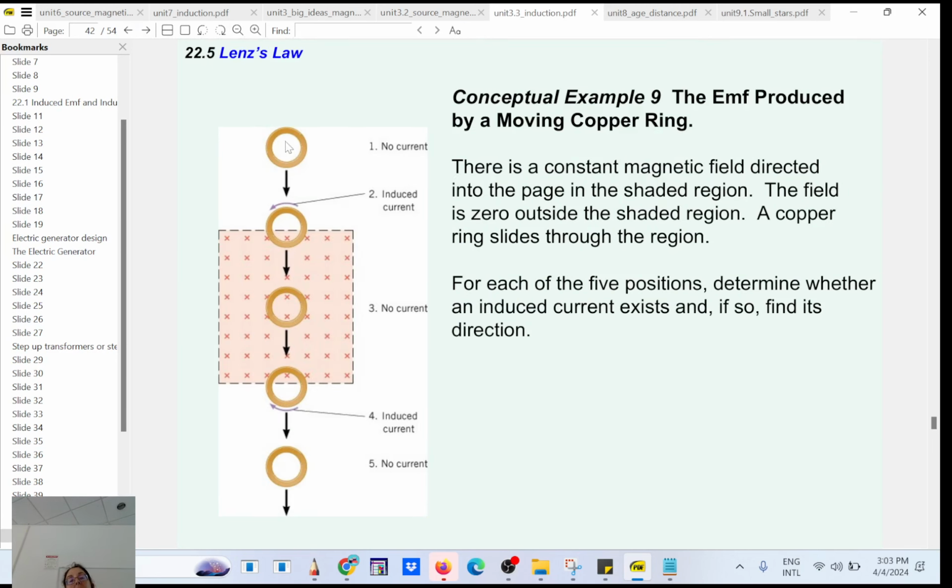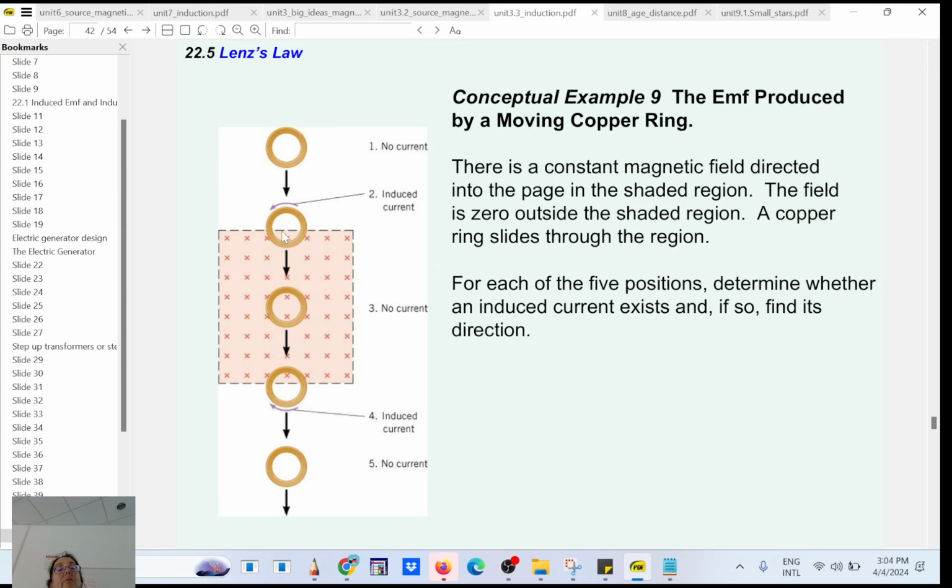Okay, here is a typical example as well. You have a coil or a conductor, like a ring, and it's going to fall and enter a magnetic field region. The magnetic field is into the screen. Before it enters, do you have an induced current? No, because the number of magnetic field lines poking through the area is not changing.